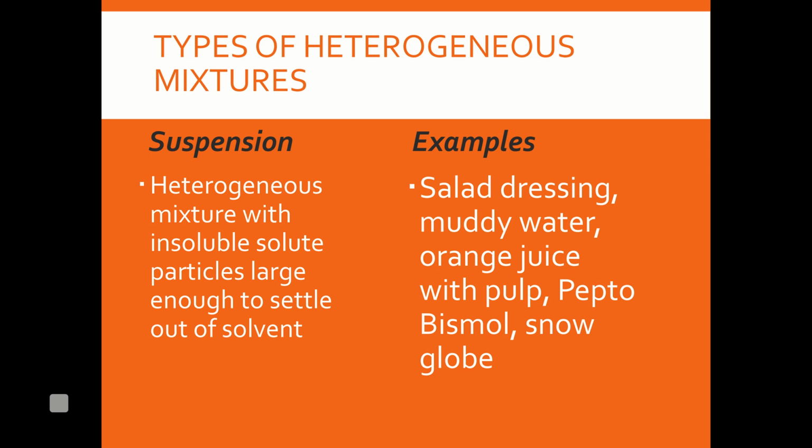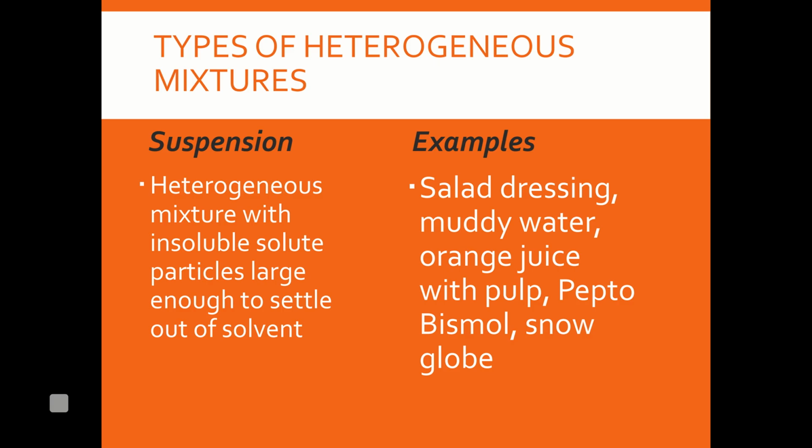Another type of heterogeneous mixture is a suspension. This is the one I was talking about more specifically. So I introduced basically what heterogeneous means, and then there are two types of heterogeneous: colloids and suspensions. Suspensions are the ones where the particles are so large they will settle out immediately.